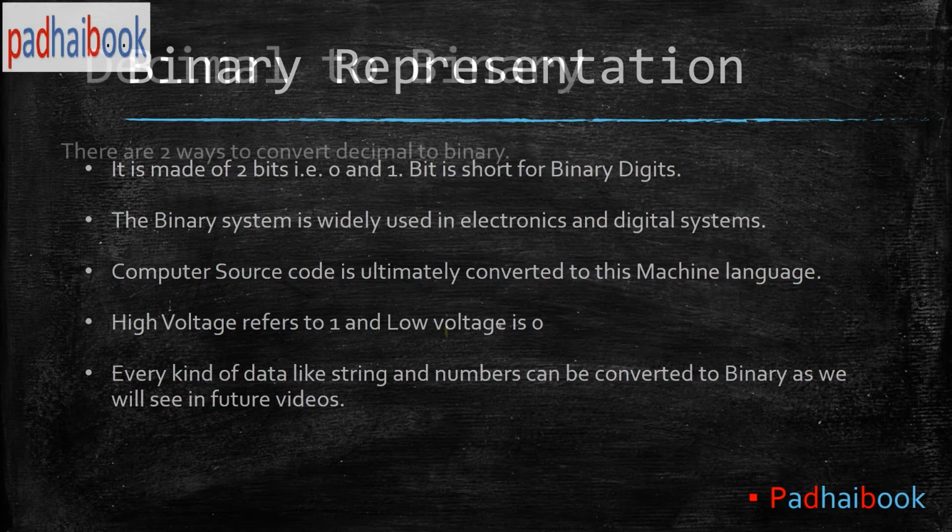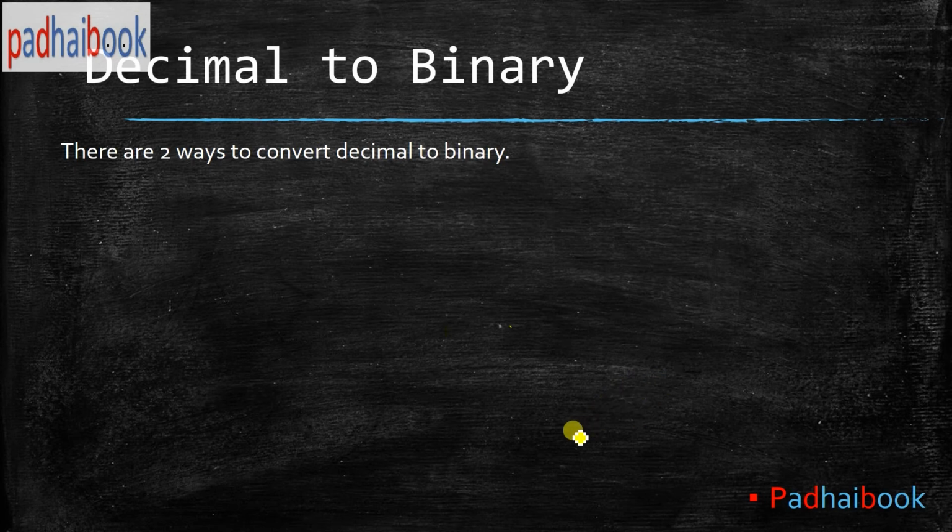Now converting decimal to binary. For that you have to first memorize the powers of 2. Why powers of 2? Because the base of the decimal number system is 10 and the base of the binary number system is 2. So 2 to the power 0 is 1. 2 to the power 1 is 2. 2 to the power 2 is 4.